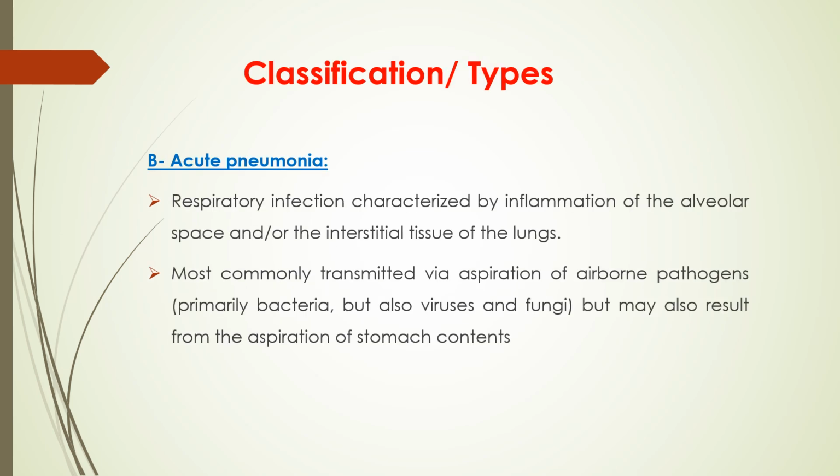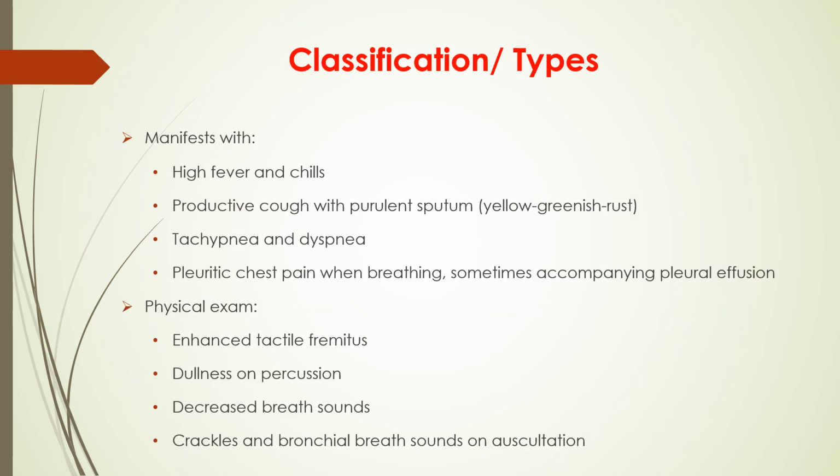Secondly, we have acute pneumonia, which is the infection of the alveoli or the interstitial tissue of the lungs, and most commonly it is transmitted via the aspiration of some pathogens or the aspiration of stomach content. Clinically, it manifests with a high fever and chills, some productive cough with purulent sputum, tachypnea and dyspnea, and we could have some chest pain due to the inflammation of the pleura, or even a pleural effusion.